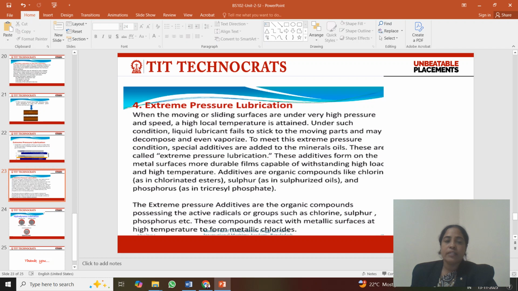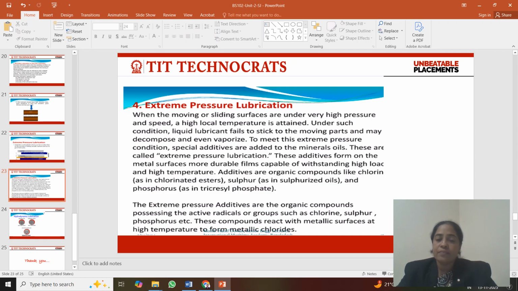Extreme pressure lubrication is the most important lubrication technique as compared to the boundary layer or hydrodynamic technique, and by this technique the lubricants show some extra applicable properties over the surface areas.